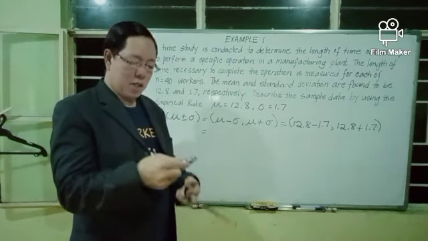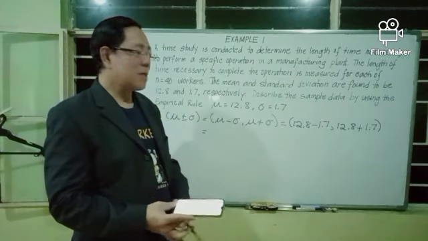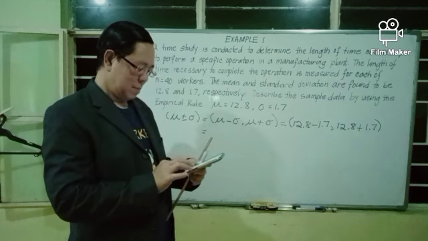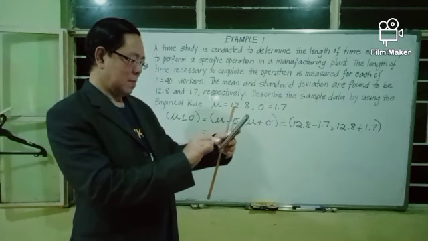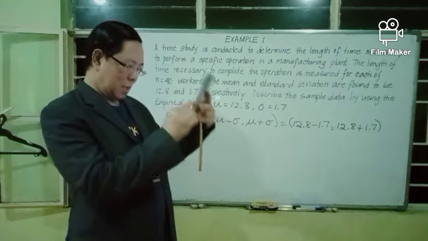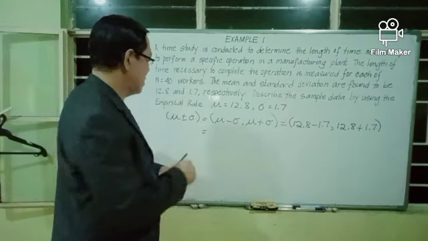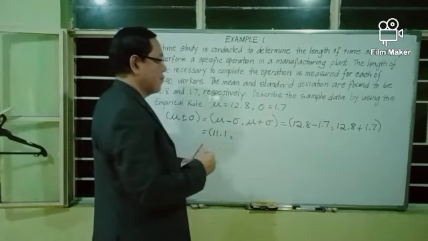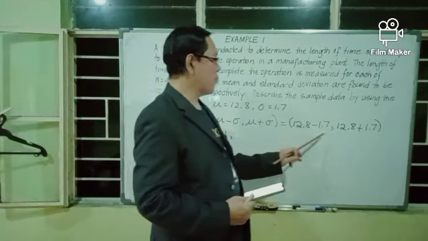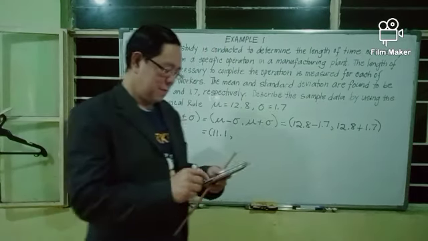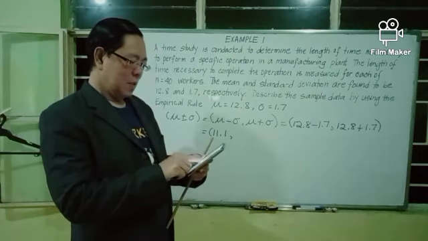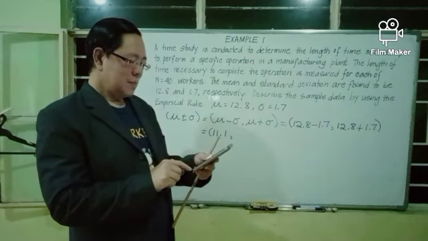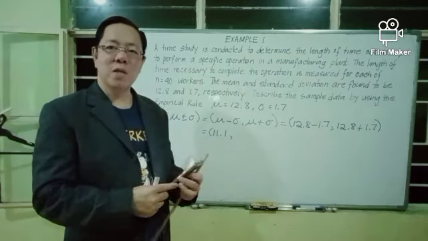We use a calculator to compute 12.8 minus 1.7, and that's 11.1. The right endpoint is 12.8 plus 1.7, and the calculator gives us 14.5.